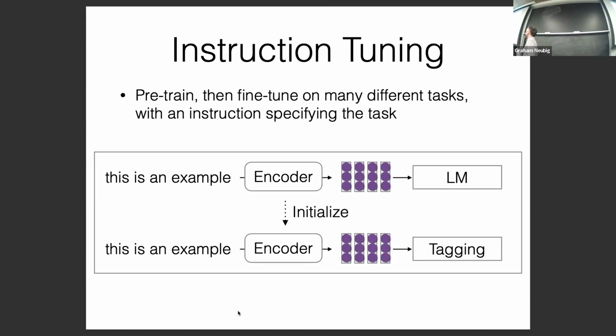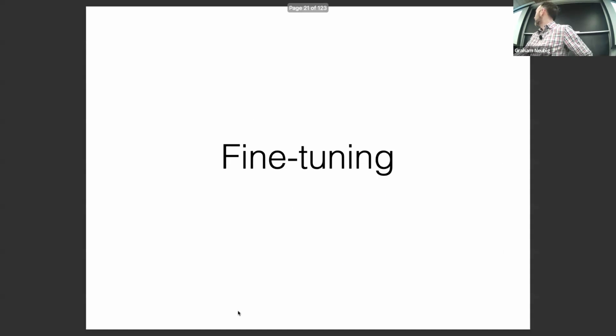And then you train your model specifically so that it does good completions of those prompts. I'll give some actual examples of that later. Sorry, I will need to fix that figure.